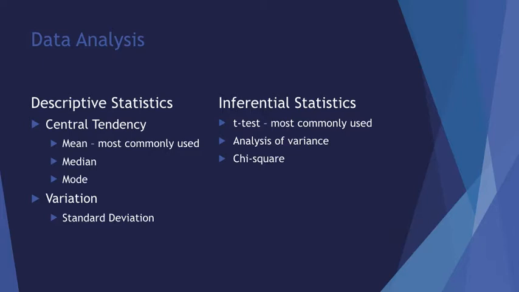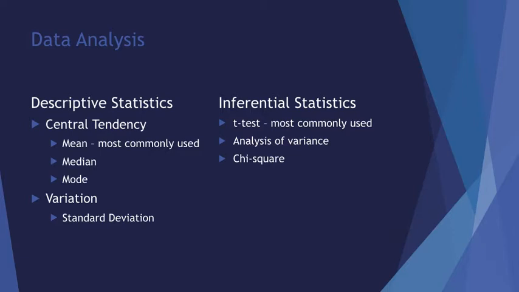And the most commonly used central tendency is the mean. And of course, you know that mean indicates the average performance of a group on a measure of some variable. And then we take a look at the variation of the data around that mean, or the standard deviation. Meaning, is it really close and clustered to the mean or is it really spread out from the mean?